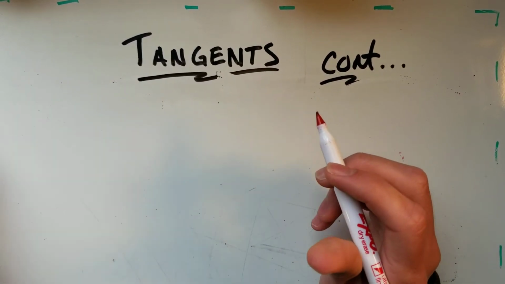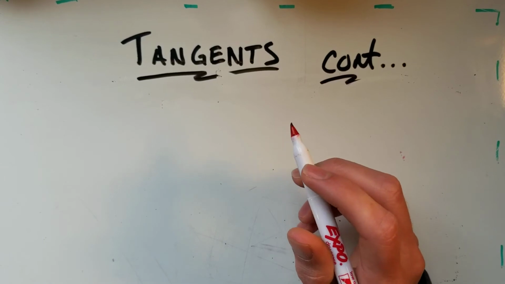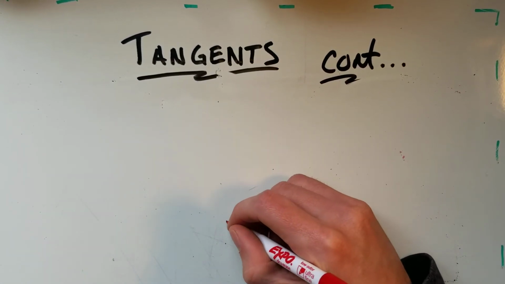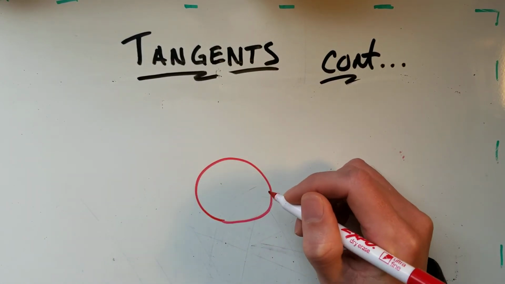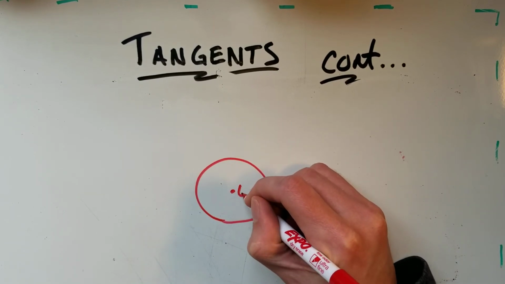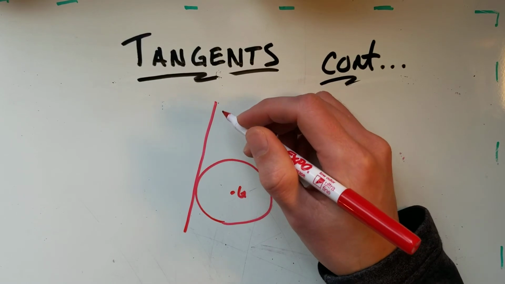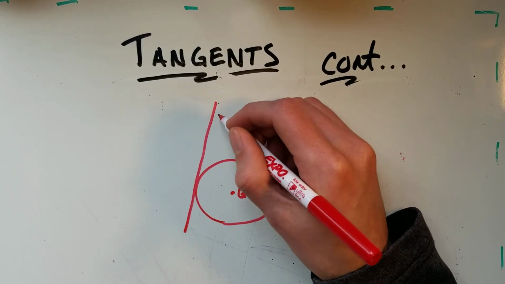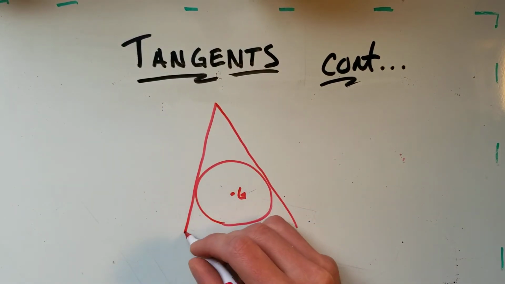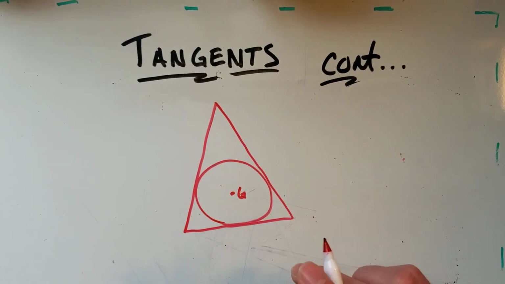So if we have that, we can apply this theorem now. Let's take an example. We have an example with a circle G, and we are given a triangle that is circumscribed about circle G. Looks like this.